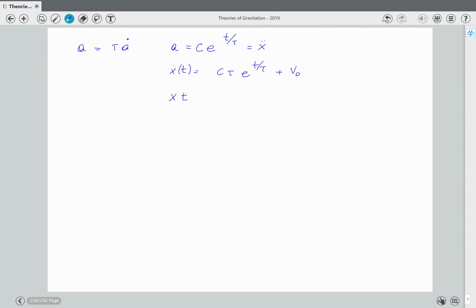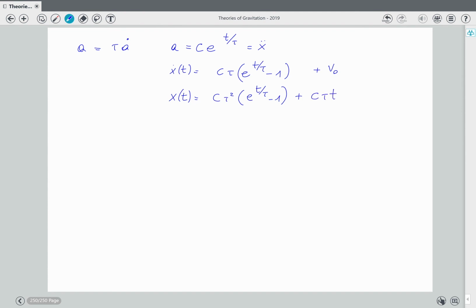And if you want, x of t is equal to, let me call that the initial velocity v0, and so you will have c times tau squared times e to the t over tau minus 1 plus v0 t.